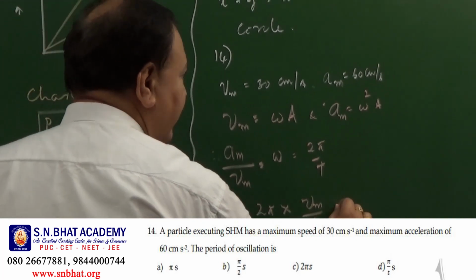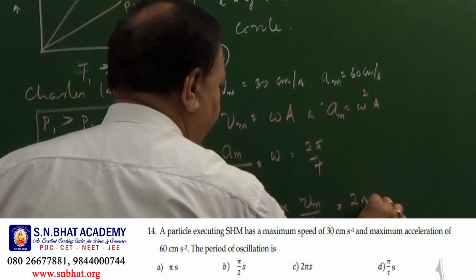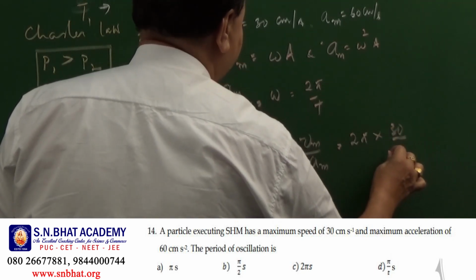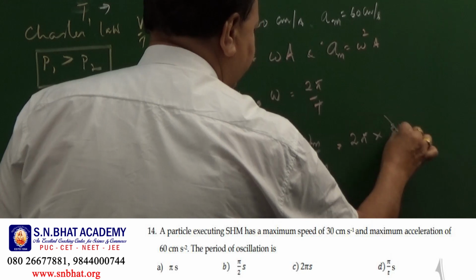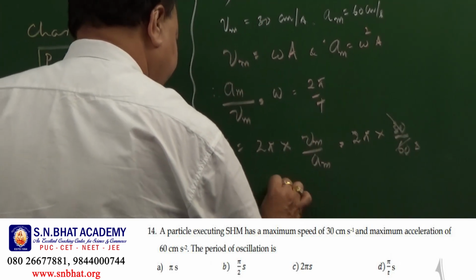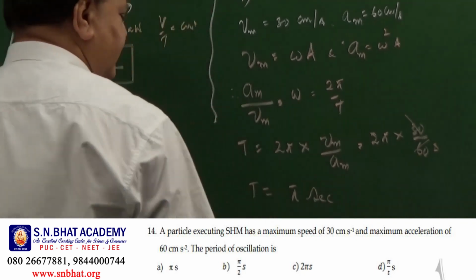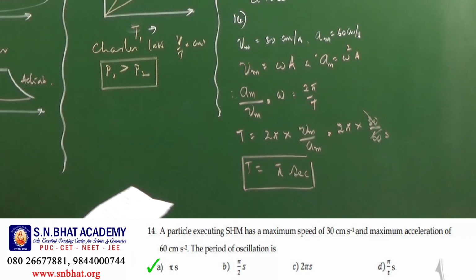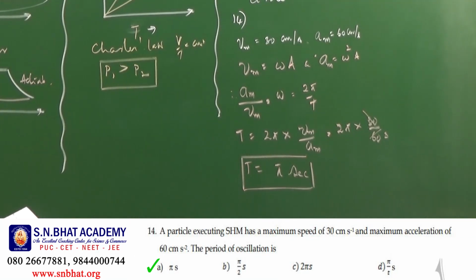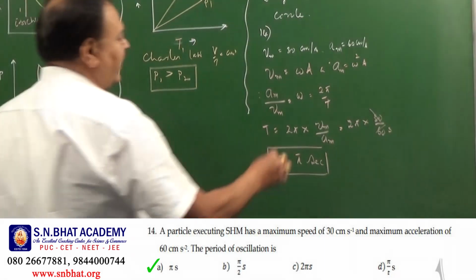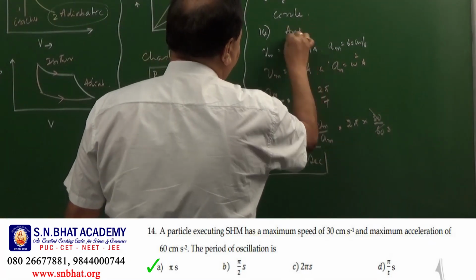Therefore this is equal to 2 pi into 30 by 60, where 30 and 60 get cancelled, and the 2s cancel. Therefore your period is equal to 5 seconds. So for question number 14, the answer is 5 seconds. Therefore the answer is A.